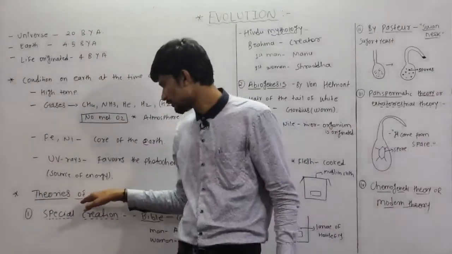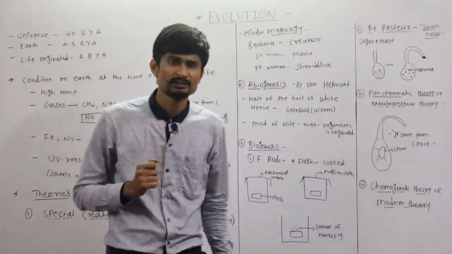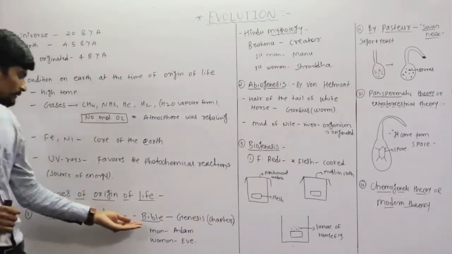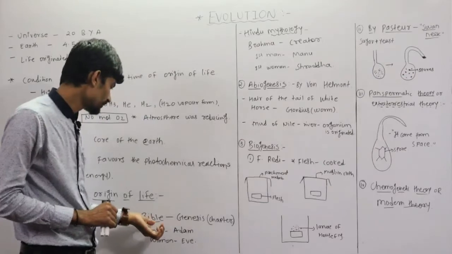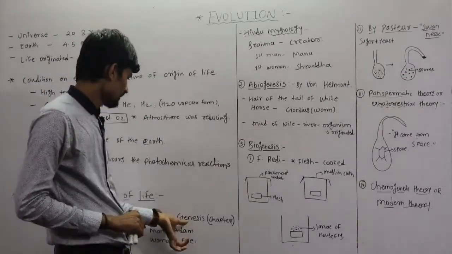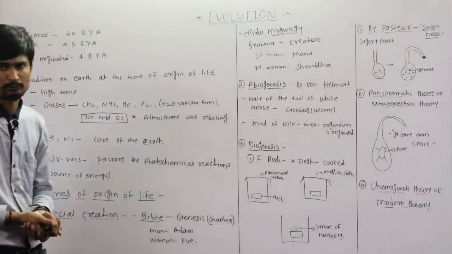The first theory is the special creation theory. The special creation theory includes the theory of the Bible. In the Bible there is a chapter called Genesis. Genesis means formation.